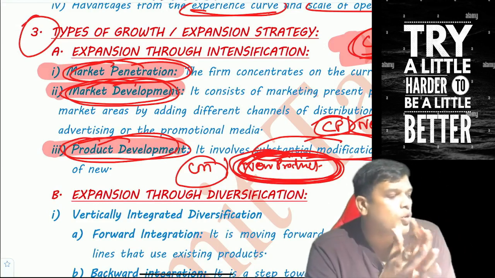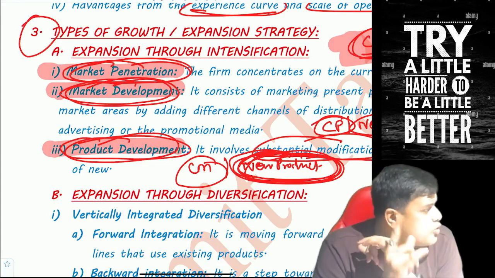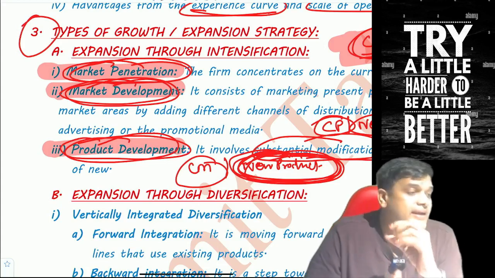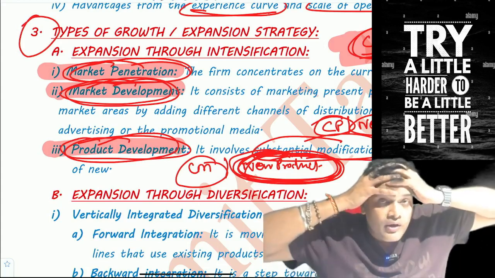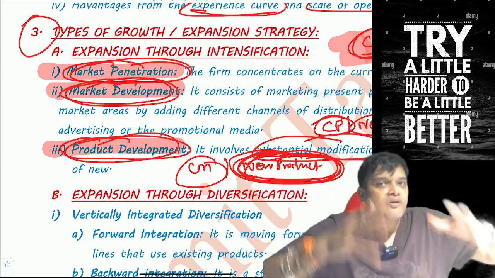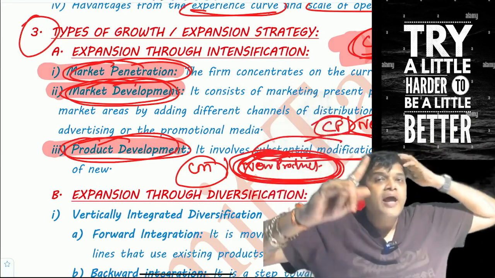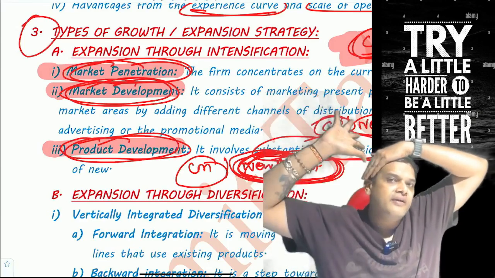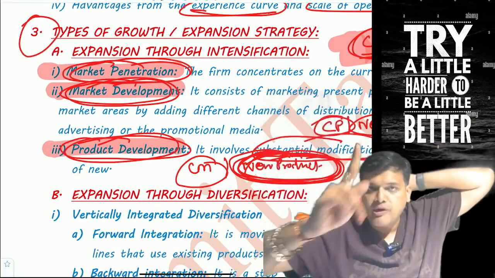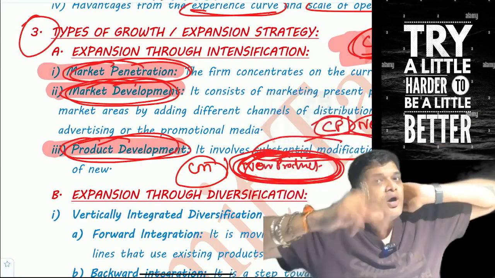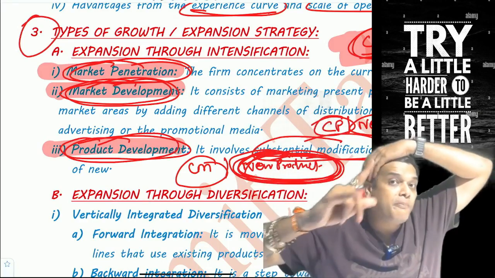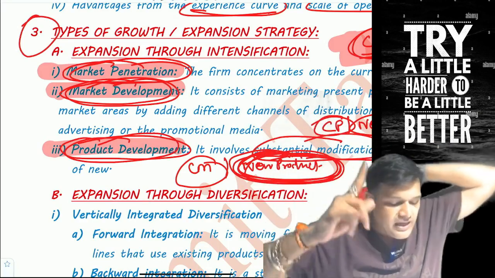But this is not the only concept I want you to understand about market development. Don't link market only with geographical region, Malik. This is one of the biggest problems every student makes, and it will create a problem in chapter 5 if you don't understand the concept here. So understand very clearly.